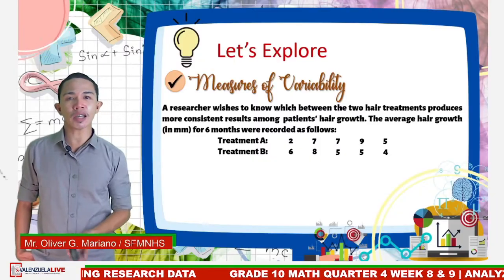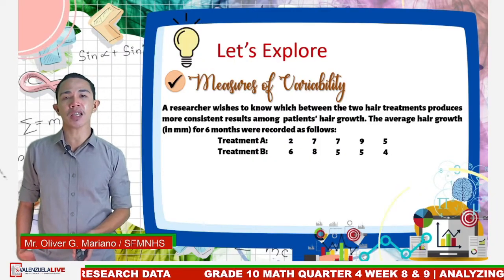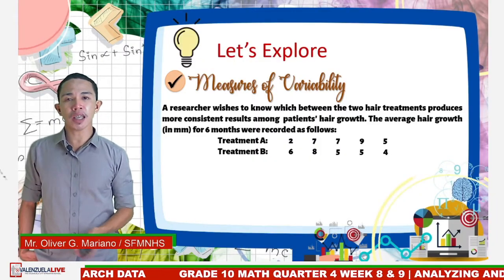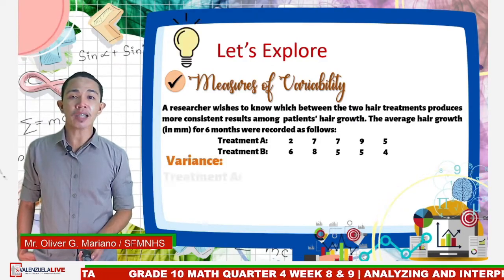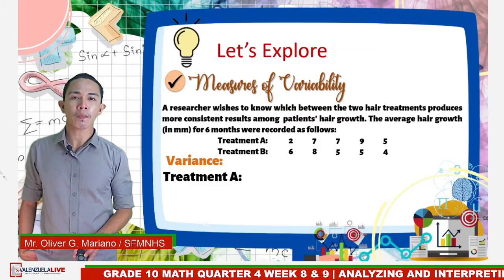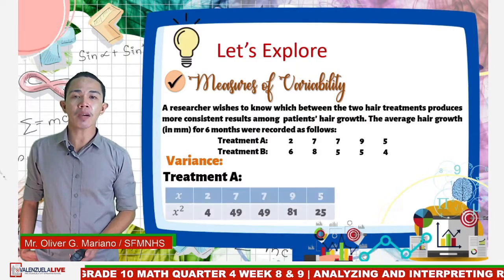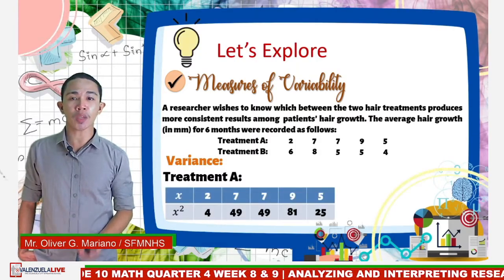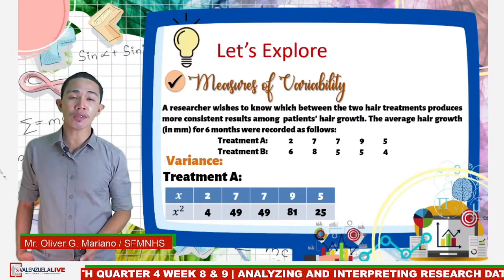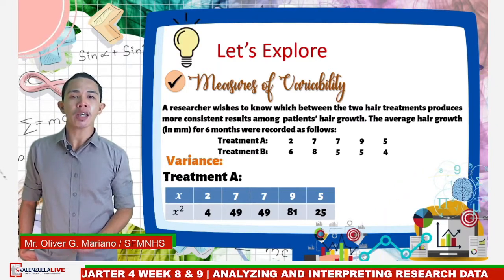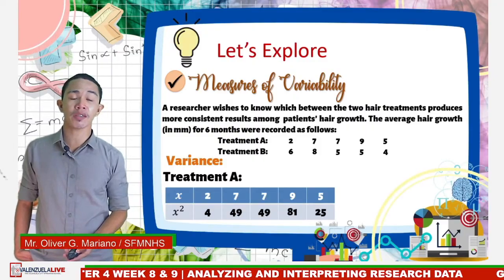Next, let's look at the variance and standard deviation of each of the data sets. For the variance of treatment A, we may come up with this table showing the given values in our distribution and their corresponding squares.